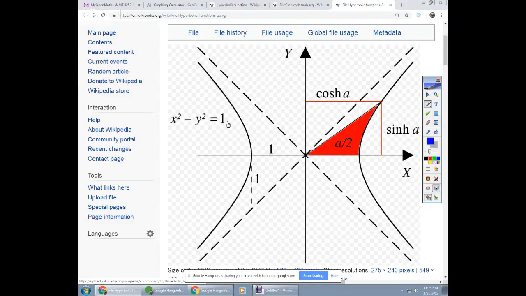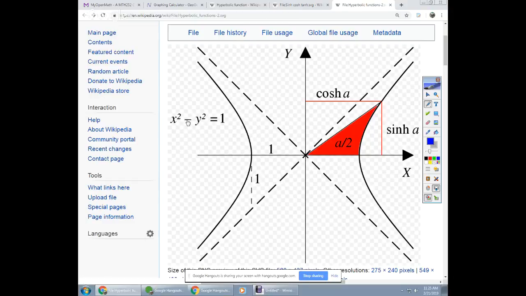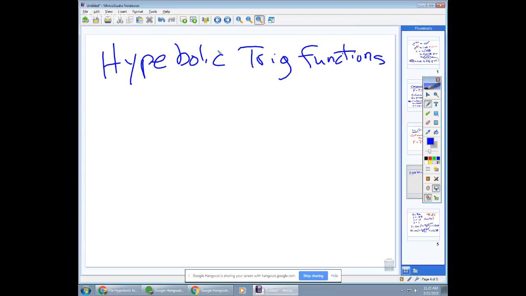Why are they called hyperbolic? Because this is a hyperbola instead of a circle. Right? Hyperbola is related to circles. Look at that very similar equation. They just throw a minus in instead of a plus. Is a minus a big difference? Oh yeah, sort of. But they're sibling functions, it turns out. So that's where the name hyperbolic comes from.